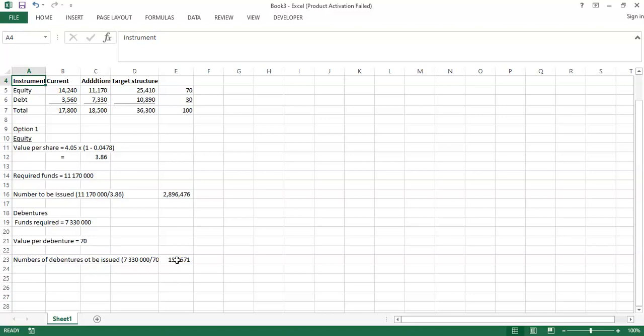So instead of using 7,330, I used 11,170. It's good that you are watching. Thank you very much for keeping track of that. So it has to be 104,714. So these are the number of debentures that we need to issue out.